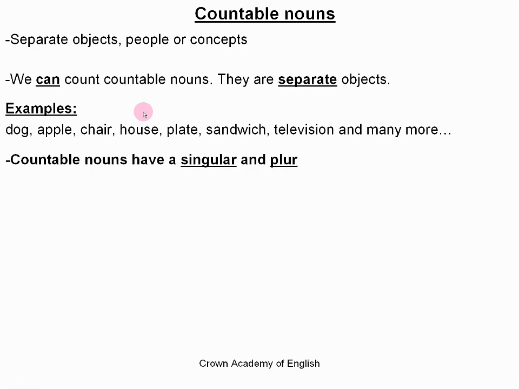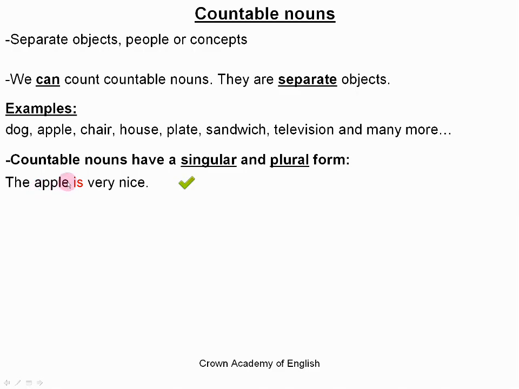And very important, countable nouns have both a singular and a plural form. They can exist in a singular and plural. So, the apple is very nice. We are talking about one apple.